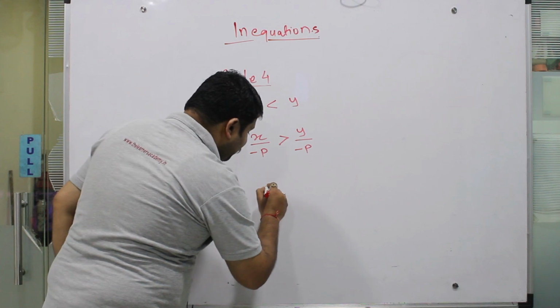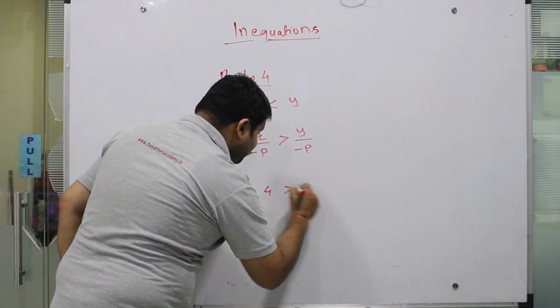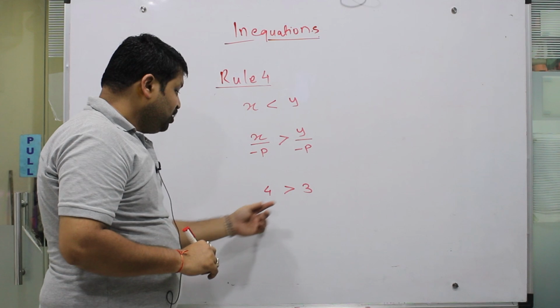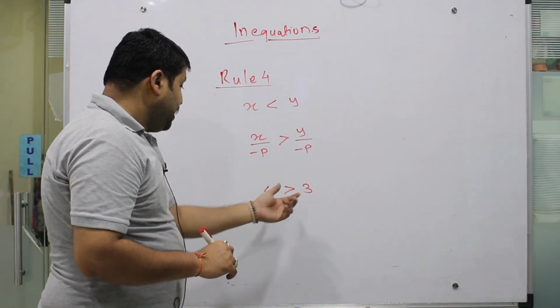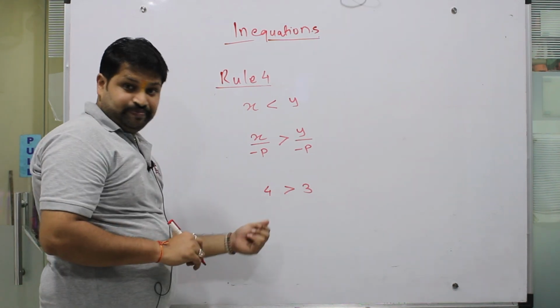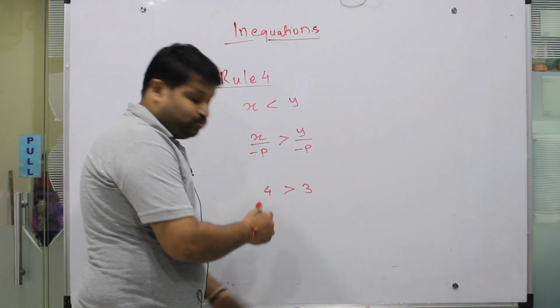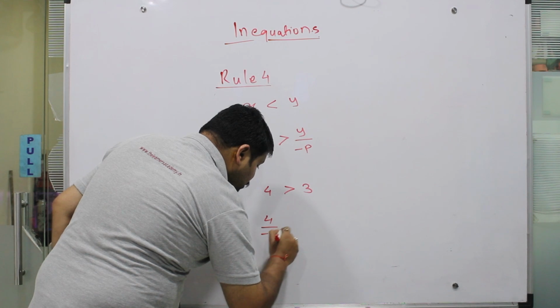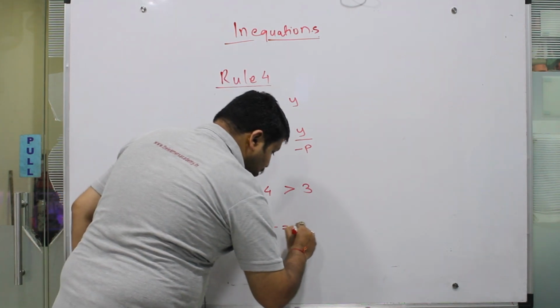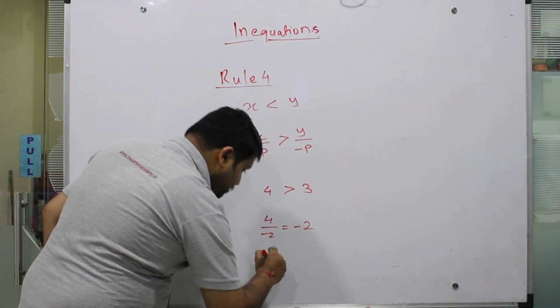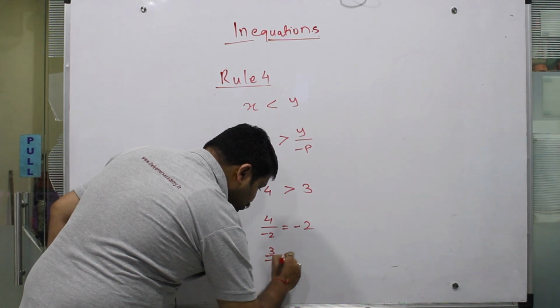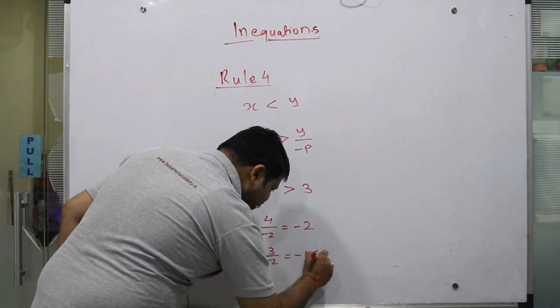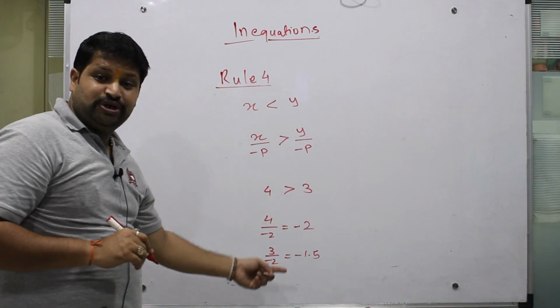So say 4 is greater than 3. I divide both of them by say minus 2. So if I have 4 by minus 2 is equal to minus 2, and 3 by minus 2 is equal to minus 1.5. Now which of these two is greater?